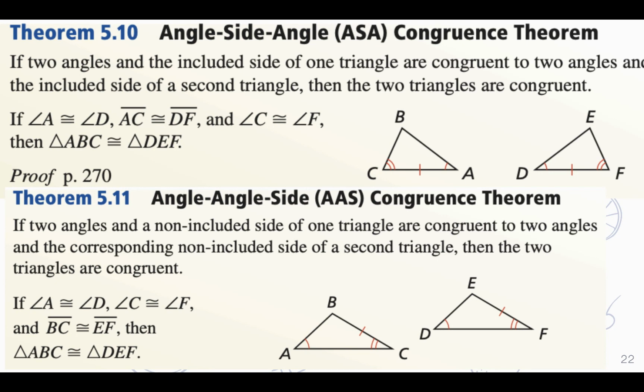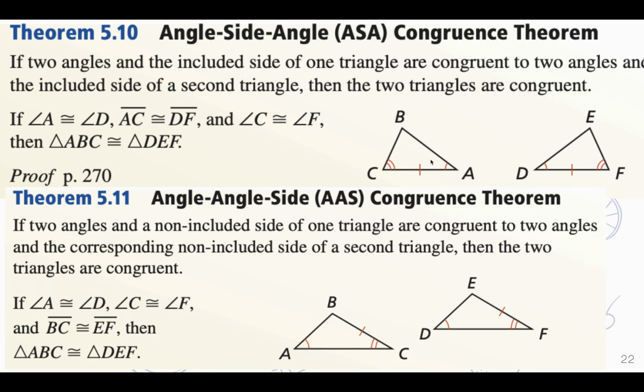Look at the diagrams. The diagrams will show you everything you need to know about what the difference between ASA and AAS is, okay? With ASA, just look at the letters, the S is right between the two A's, okay? So just like this in the diagram, the S is right between the two A's, right between the two angles.